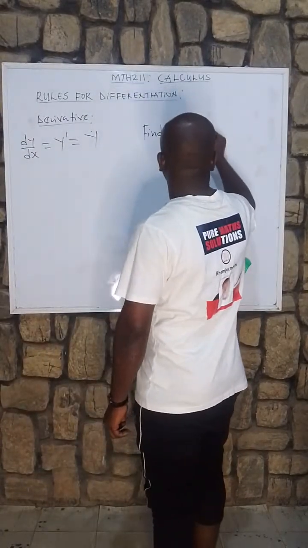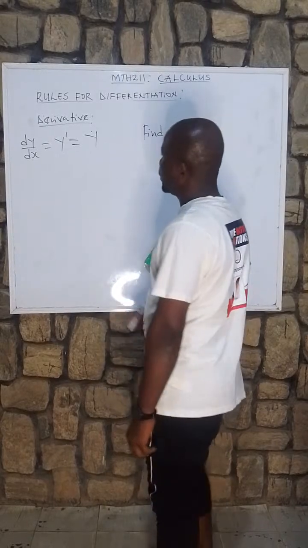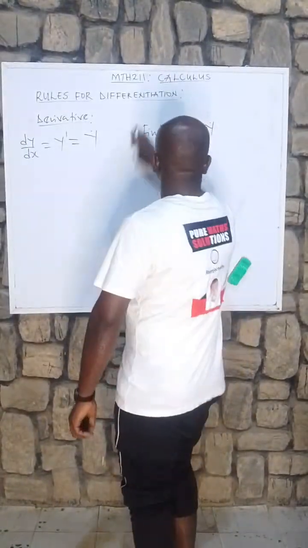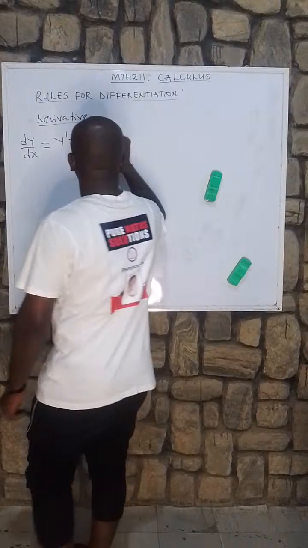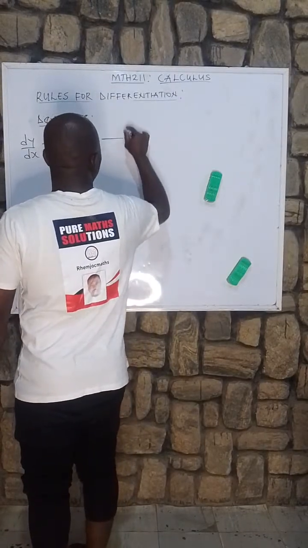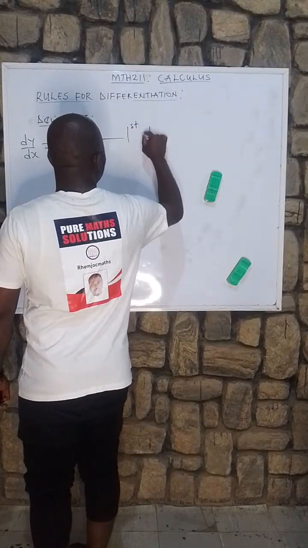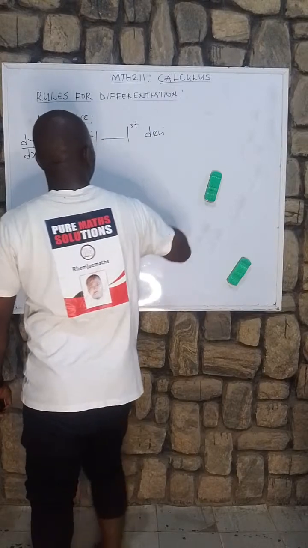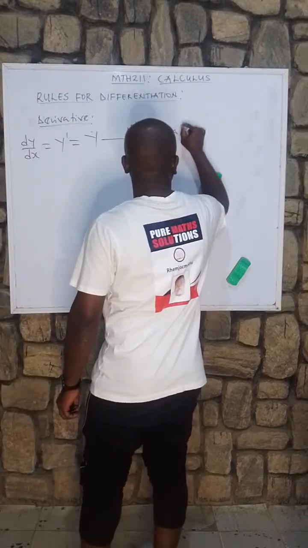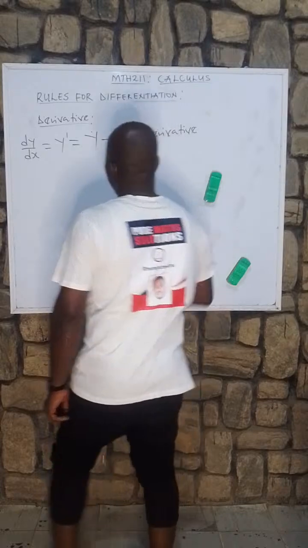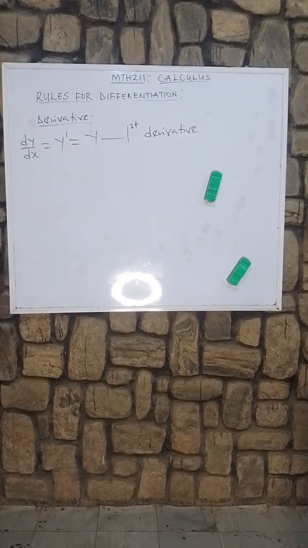Sometimes they will say y dot, which is the same thing. So we call this the first derivative. This is known as the first derivative.